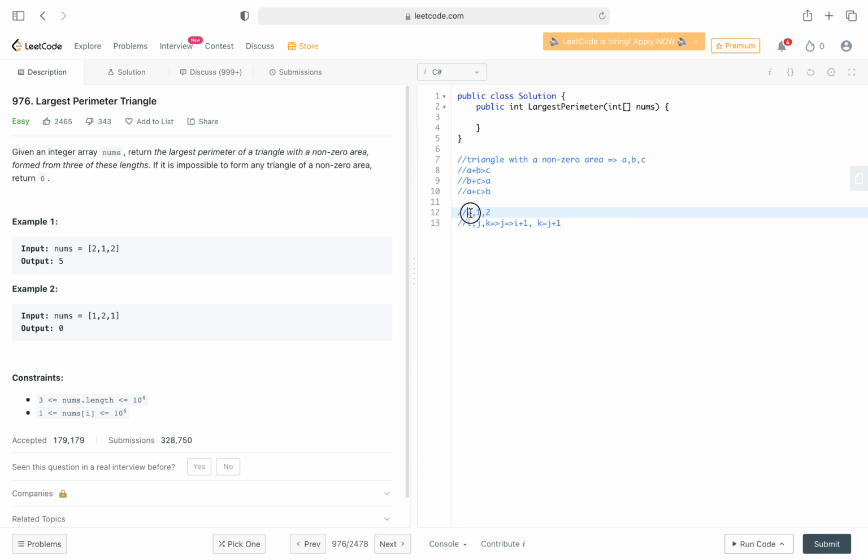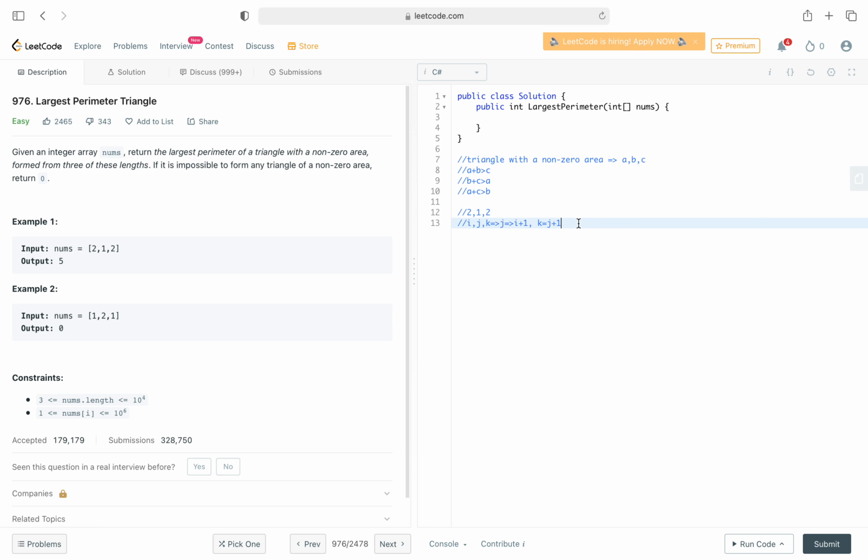By doing it that way, we can check the perimeters. Before getting the perimeter, we first check whether these sides can form a triangle with non-zero area. If we meet these conditions, we add their side lengths.